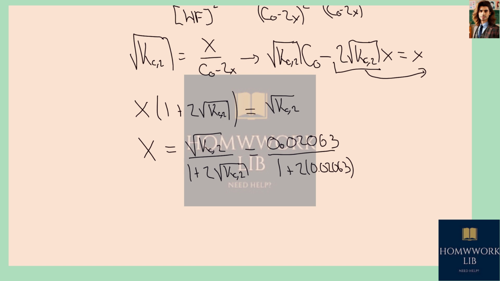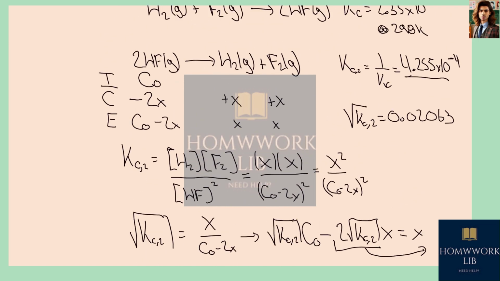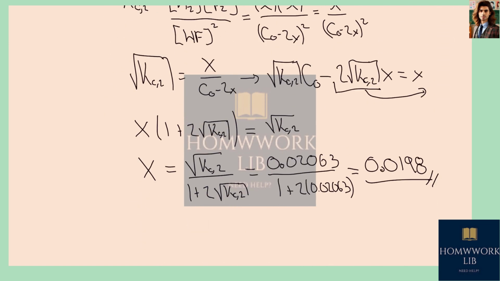Okay, so the result is finally 0.0198. Amazing. So this is the value for x, and this would be actually the concentration of H2 and the concentration of F2 that I'm going to find at equilibrium.